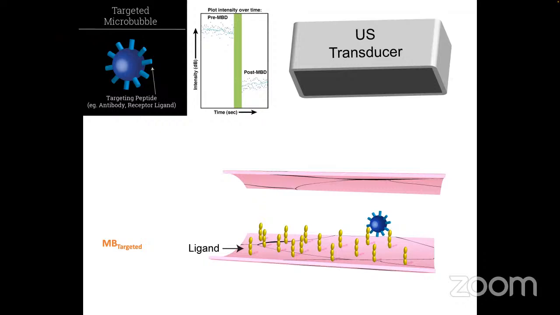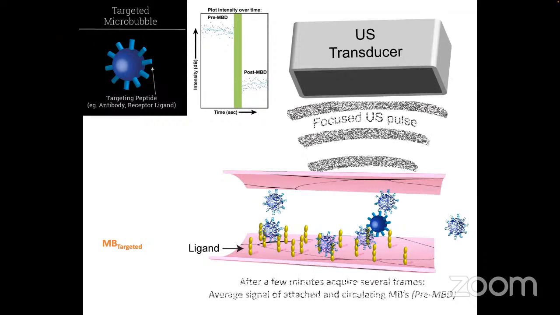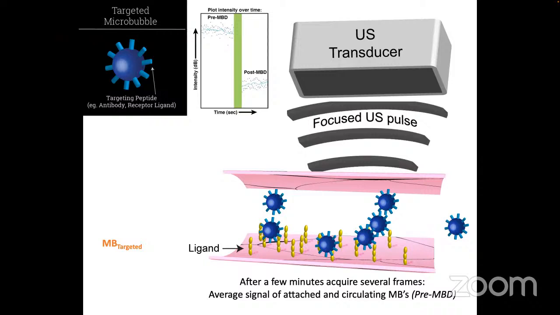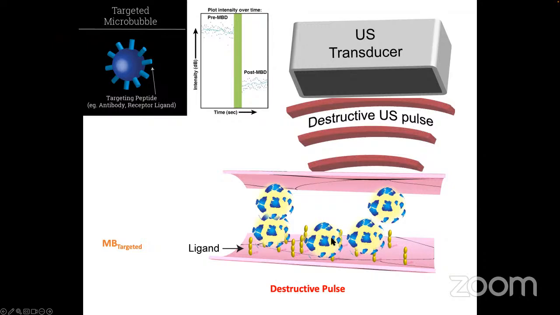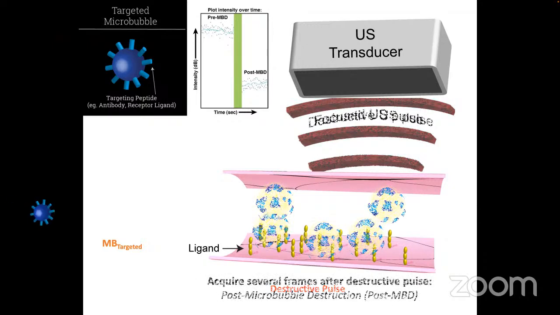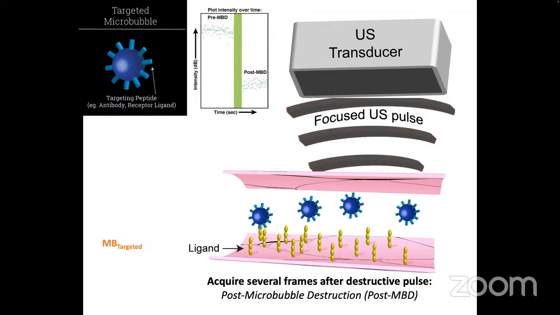So what we do is we inject a bolus of these targeted microbubbles, then we wait for a few minutes. And this allows for some accumulation on the surface of the blood vessels, but we still have this blood pool fraction. So we take a couple images of microbubbles, which consist of the blood pool fraction and our bound fraction, and then we apply a destructive pulse. And then after that destructive pulse, we immediately image the reperfusion.